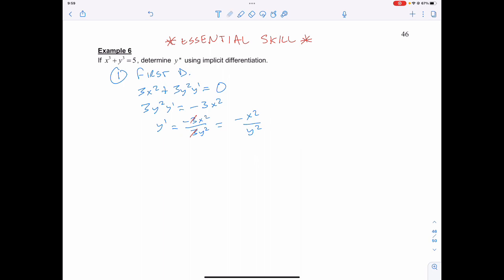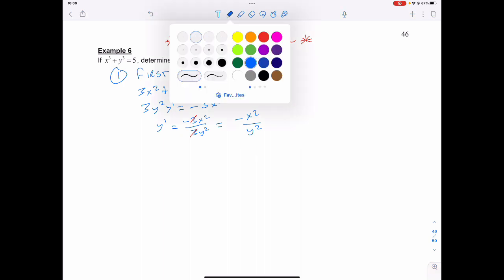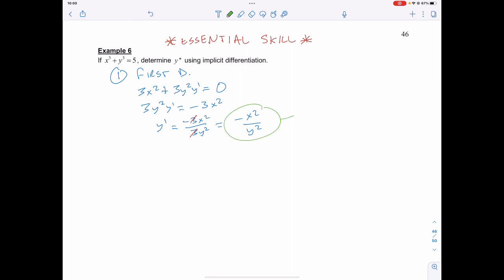Then we're just going to use our quotient rule to do the second level.